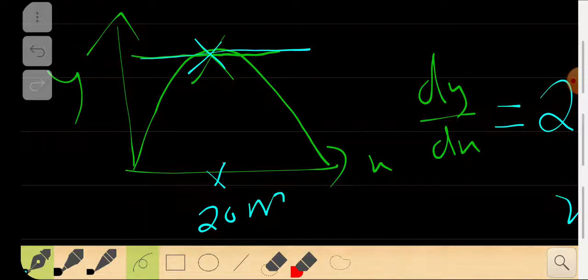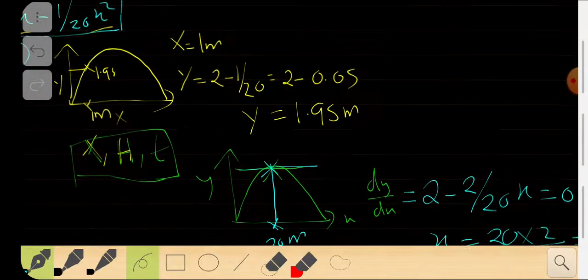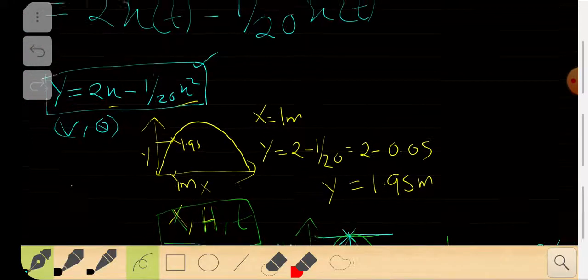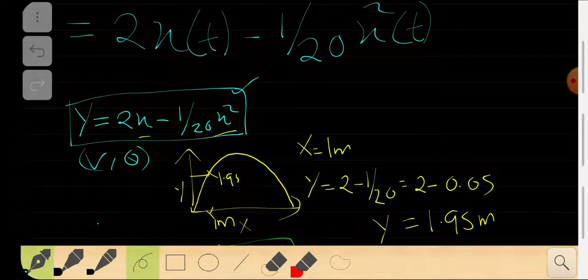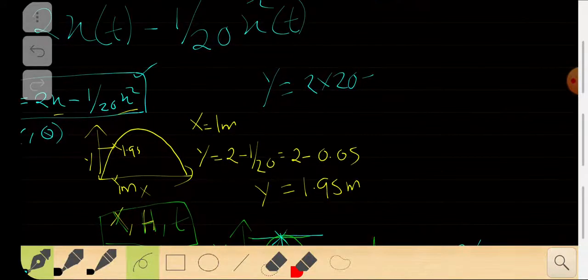Now what will be the maximum height? All you have to do is substitute the value back into this equation, x equal to 20 meters. So y equals 2 times 20 minus 1 by 20 times 20 square.